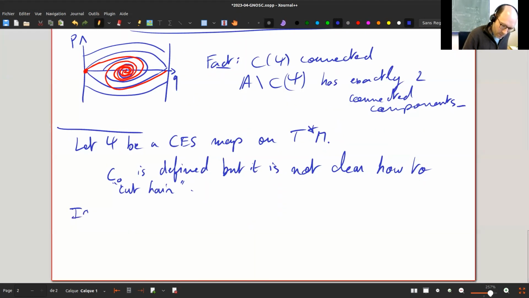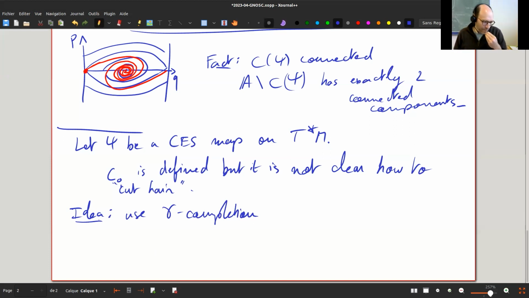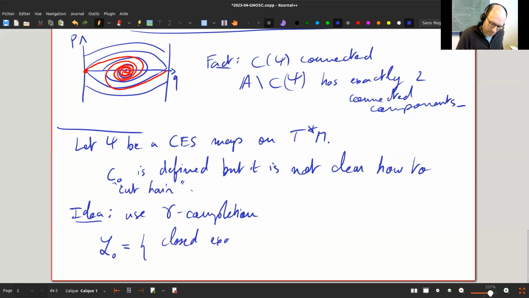So the idea is to use the gamma completion. As in the talk of Claude, I will consider L0 to be the set of all closed exact Lagrangians in the cotangent bundle.